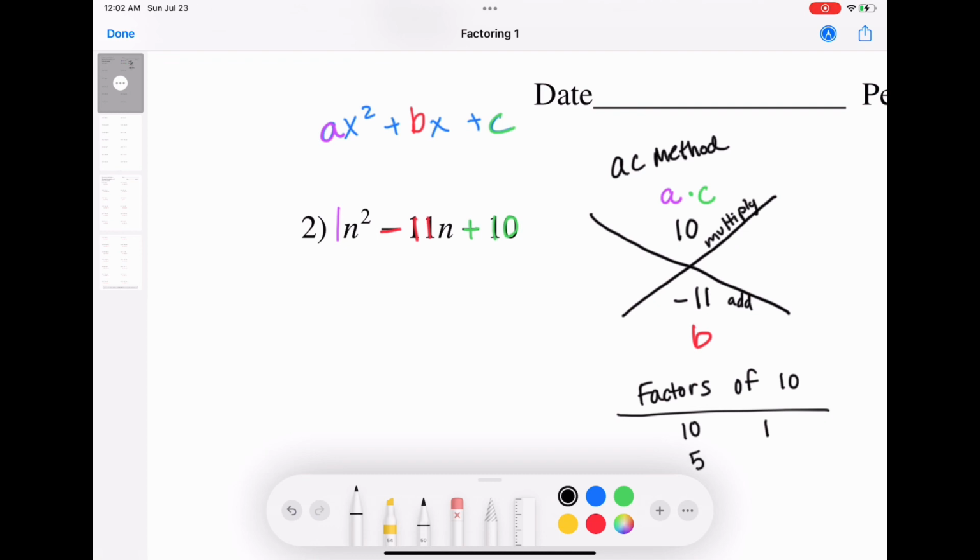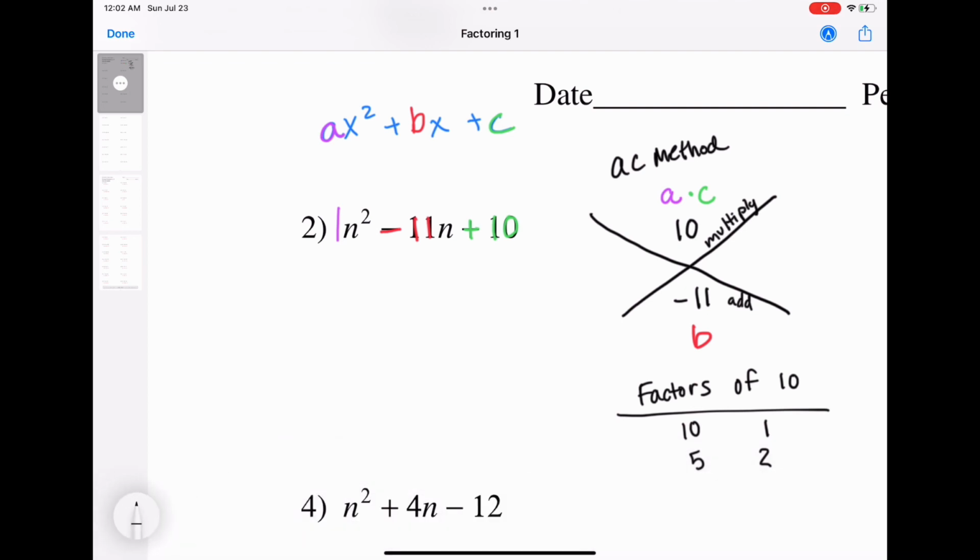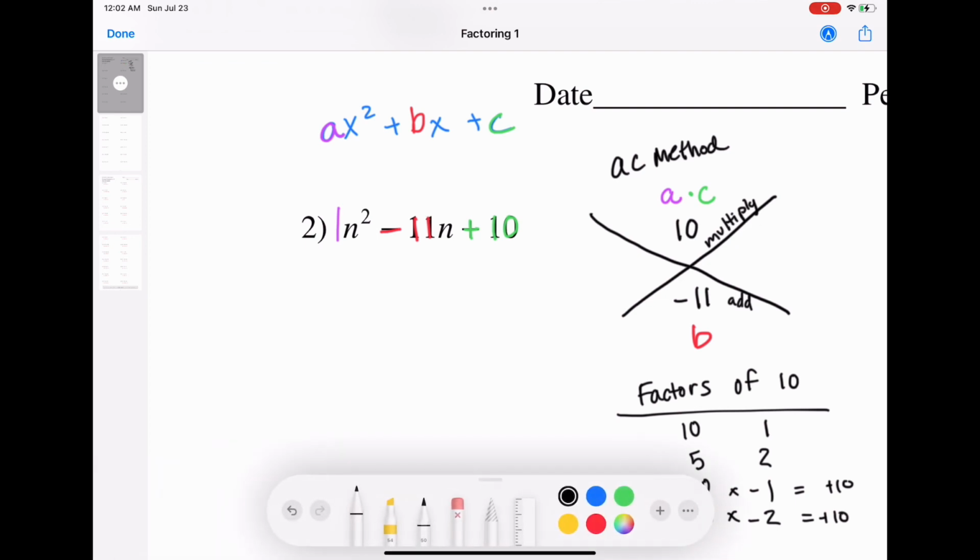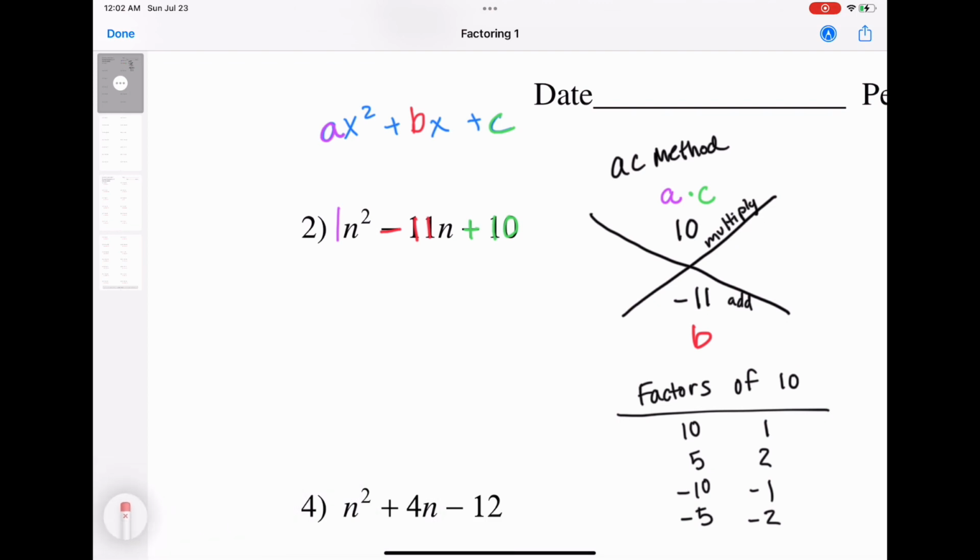We could do 5 times 2. But then we could also do a negative times a negative and get a positive, right? If it's negative 10 times negative 1, that will also equal positive 10. So that would work also as long as we keep the negative, negative 5 times negative 2 also equals positive 10. So now we have to figure out which of these add up to negative 11.